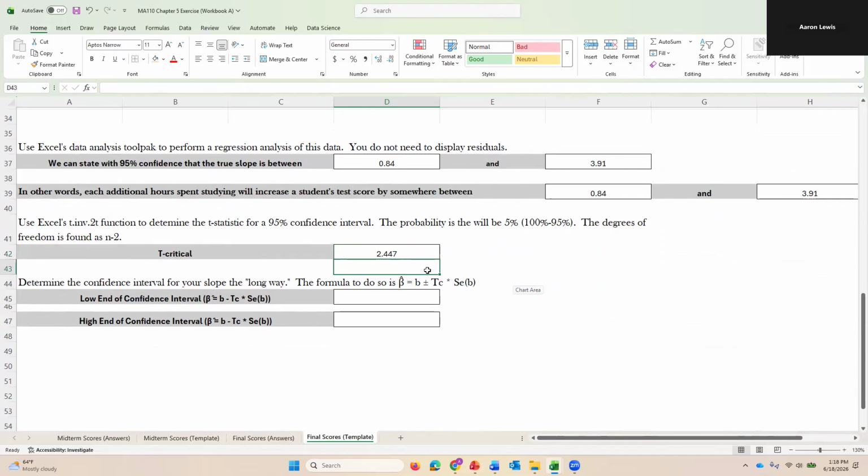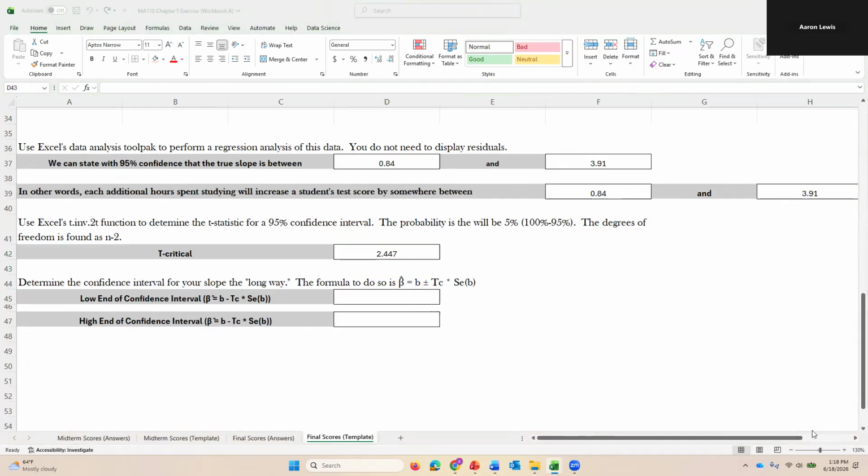And that you can use in this formula down here to make your confidence interval. The formula is that the predicted population slope, that's what that B with a little hat on top of it means, equals B, your slope, plus or minus T critical times the standard error that you have for your slope.